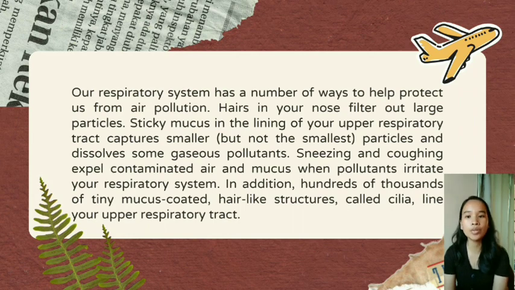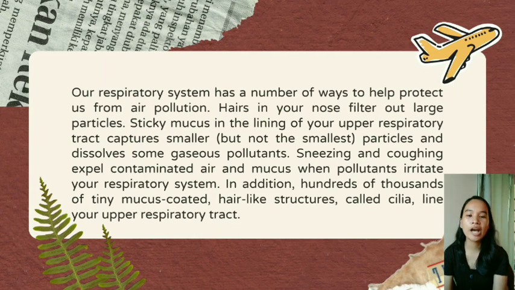The hairs in our nose filter out large particles, and the sticky mucus in the lining of our upper respiratory tract captures smaller, but not the smallest, particles and dissolves some gaseous pollutants. Sneezing and coughing expel contaminated air and mucus when pollutants irritate your respiratory system.